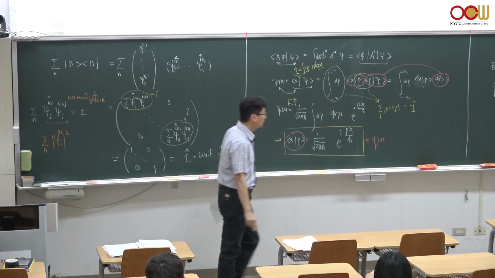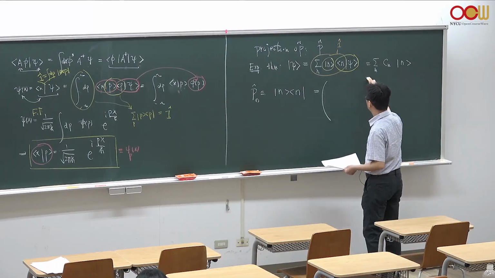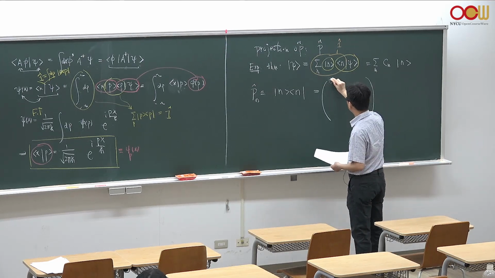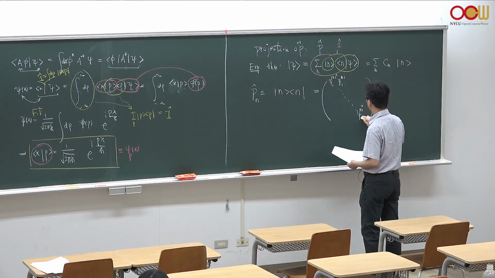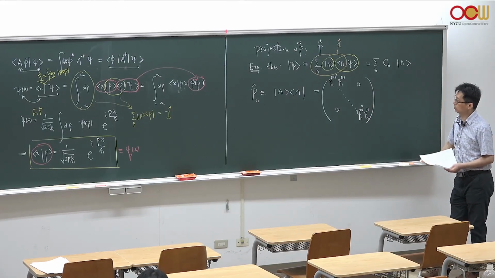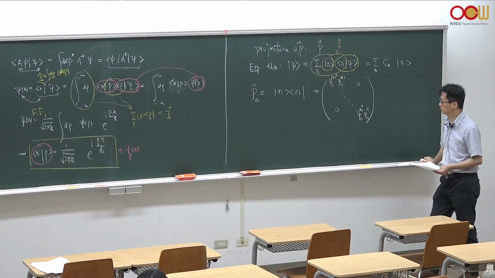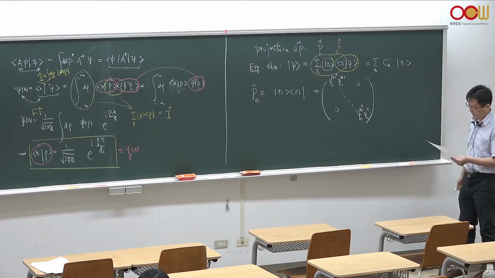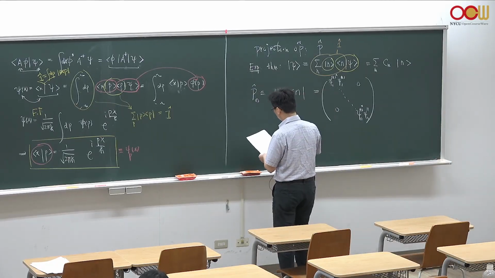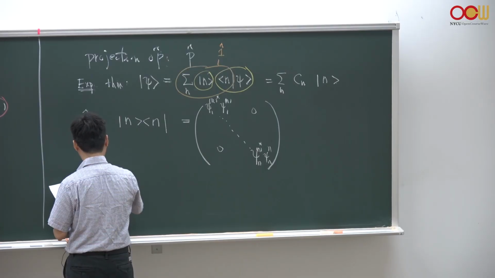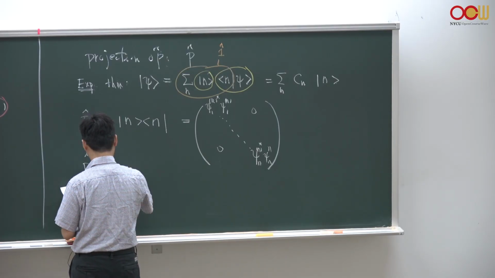Before we sum over n, this is a matrix formed by this matrix element. Okay, so let's look at what this operator tells us. So this will have this property that it could actually project any arbitrary state onto an eigenstate n with some probability amplitude. So let's try to see the property of this Pn operator.